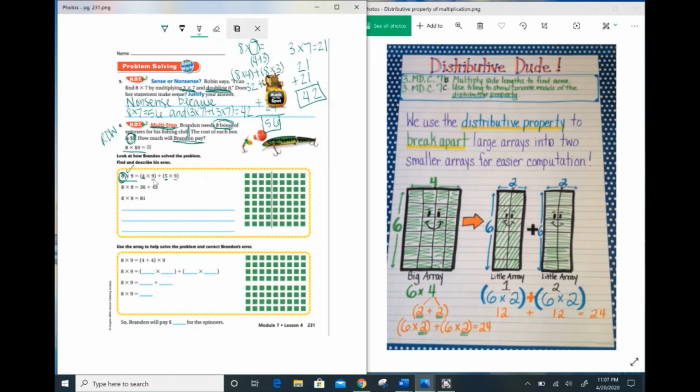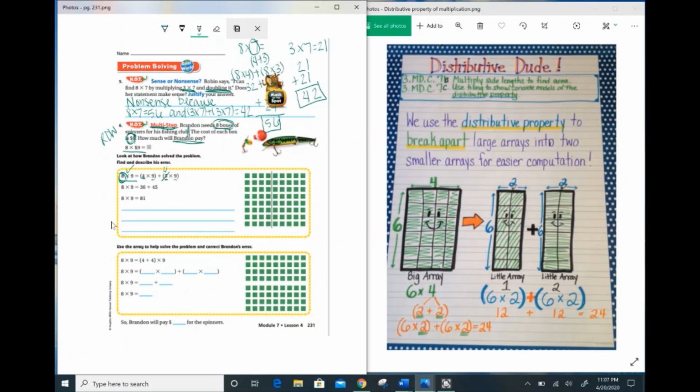He should have done 4 and 4 over here, not 5. That was definitely his error.